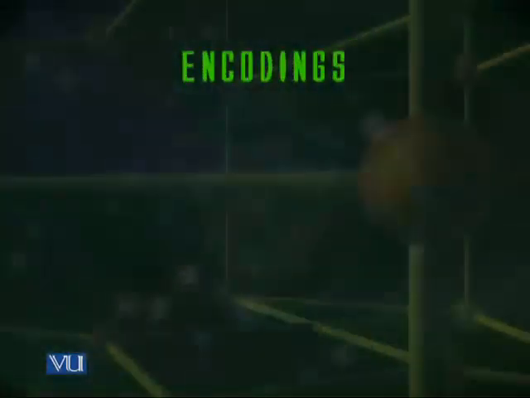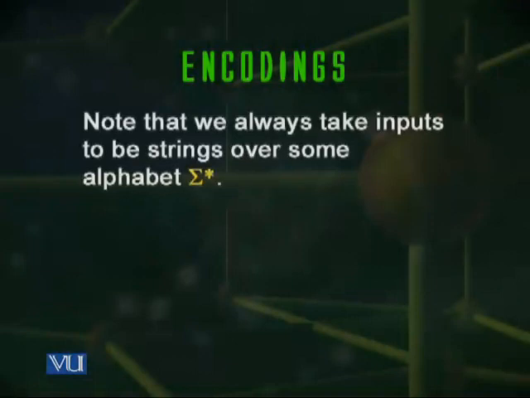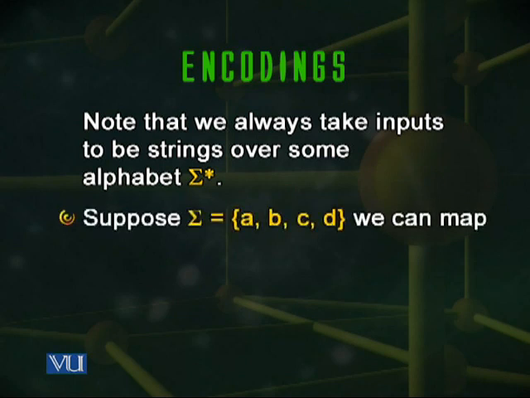Let us now discuss another very interesting topic which we will be needing throughout this course, and that is encodings. Note that we always take inputs to be strings over some alphabet sigma star. Suppose that sigma is equal to {A, B, C, D}. However, as computer scientists, we're more comfortable with the natural alphabet that consists of only two symbols, zeros and ones.